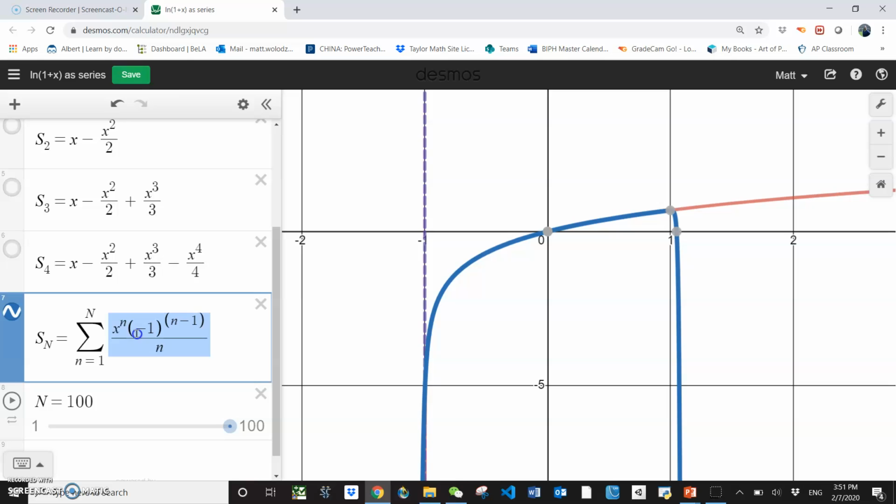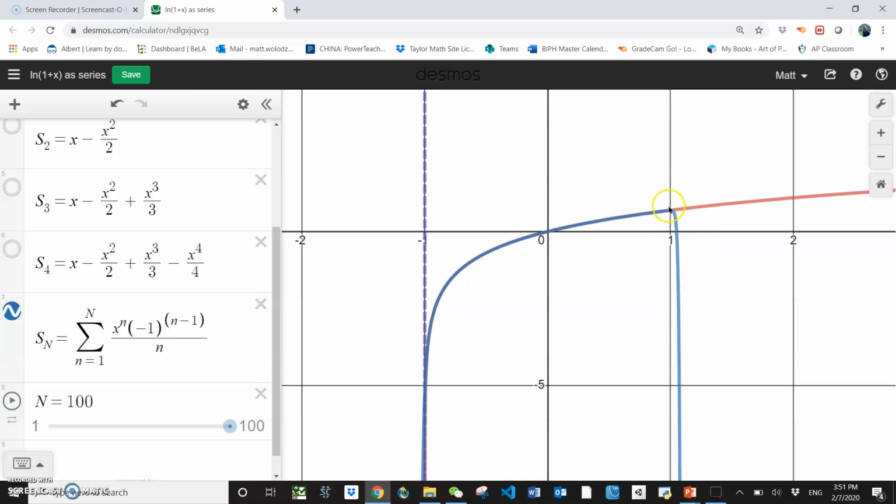Polynomials don't have asymptotic behavior. So if negative 1 is leading to a vertical asymptote on the function, it cannot converge to a polynomial. So negative 1 will not be included in our interval. That's, of course, not the test we're going to use. We're going to use a much different test moving forward.